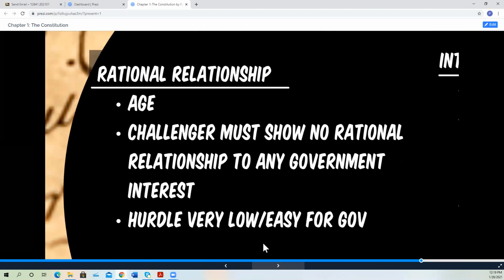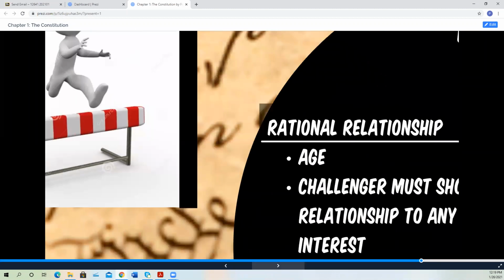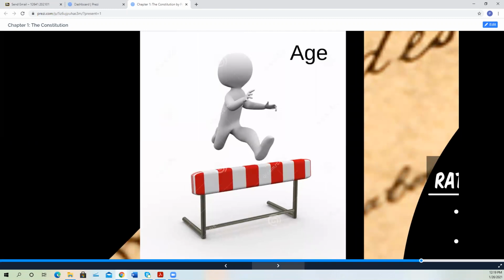So just to review, if it's age, it's a rational relationship, and the challenger must show no rational relationship to any government interest. And the hurdle is very low. It's a very easy hurdle for the government to get over when it's age.